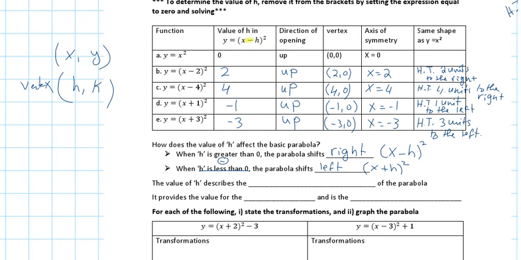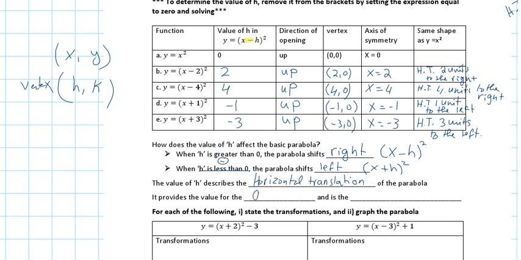So the value of h describes the horizontal translation of the parabola. It provides the value of the axis of symmetry.